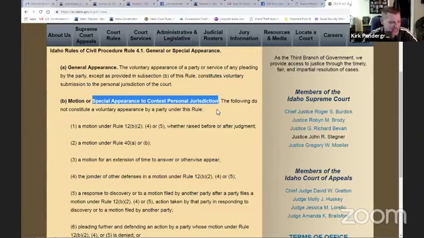This is supposed to be self-evident here. The following do not constitute a voluntary appearance by a party under this rule: a motion under Rule 12(b)(2), (4), and (5), whether raised before or after judgment. I'm going to take you to Rule 12 here in just a minute.